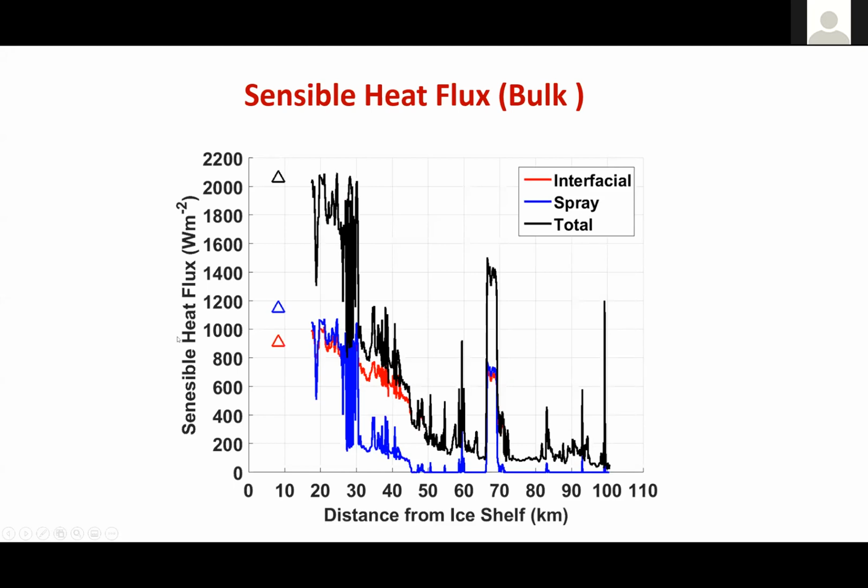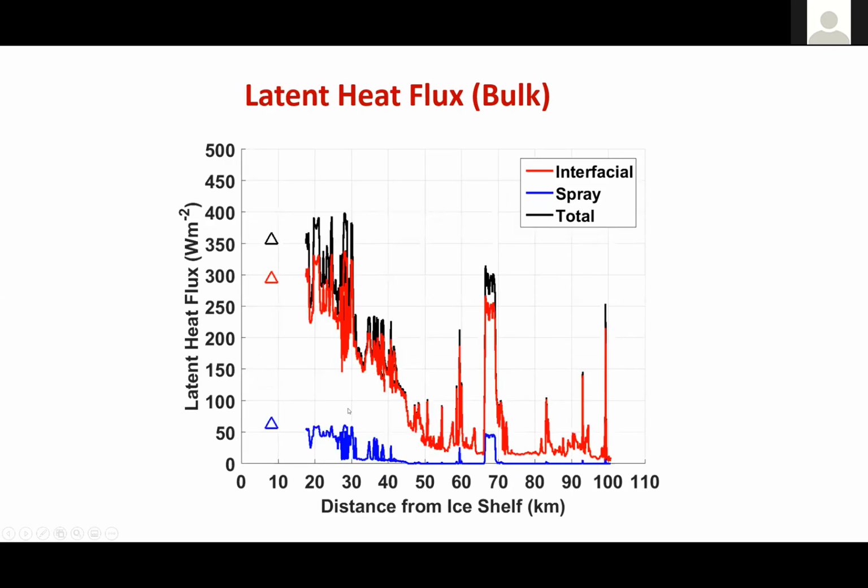Here we can see that the sensible heat fluxes are contributing most of the total heat fluxes, and they're composed almost equally by the interfacial and the sea spray in this early part of the polynya. So we have very high heat fluxes in this polynya, much higher than have been measured essentially anywhere in the world ocean, and of course this leads to very enhanced ice production. The latent heat flux is not so much, so the interfacial latent heat flux and the total are very similar.